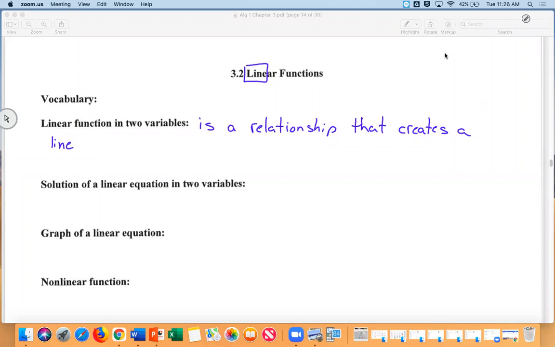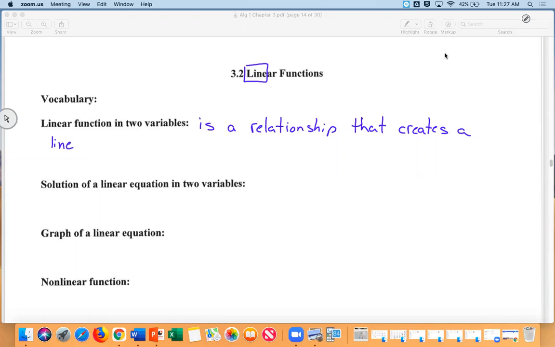Okay? Now, there's more than one type of function or relationship. There are quadratics, which are like a U shape. Quadratics are functions too, but we're not going to be talking about them. We're just going to be talking about linear functions. So for this section, anything that has a curve to it is going to be non-linear, and that's how we're going to refer to it.